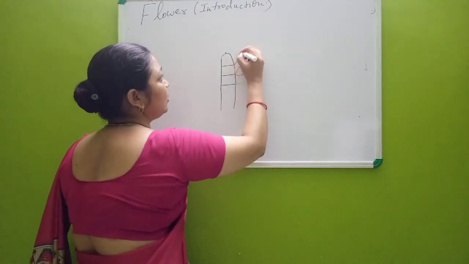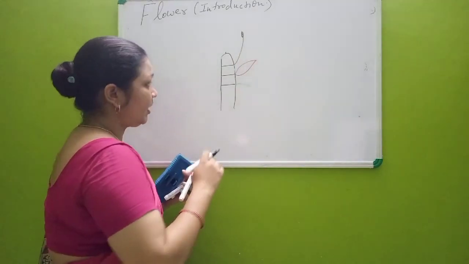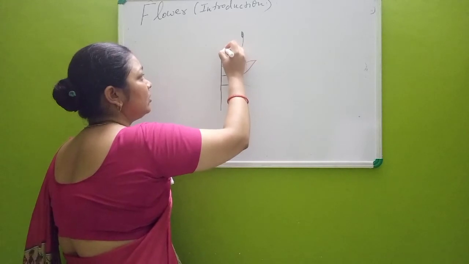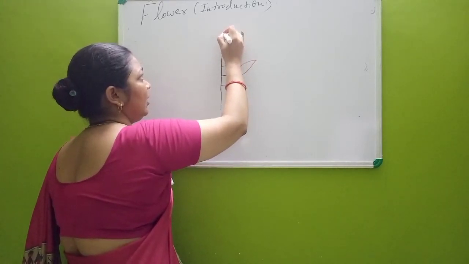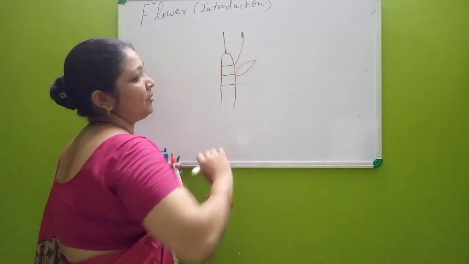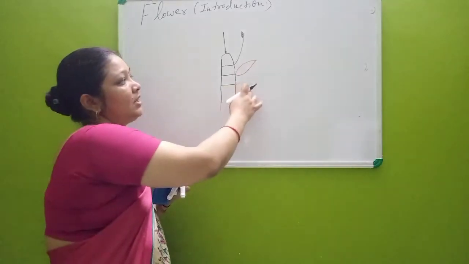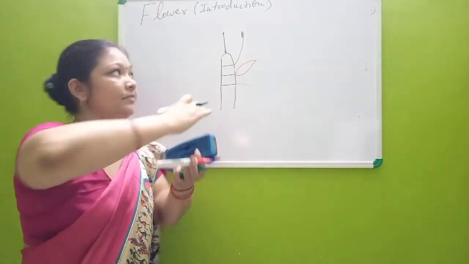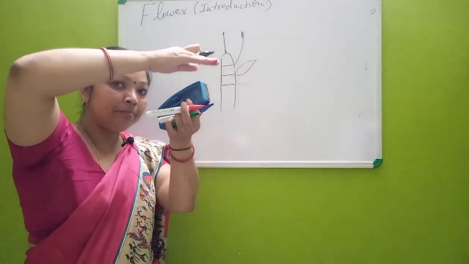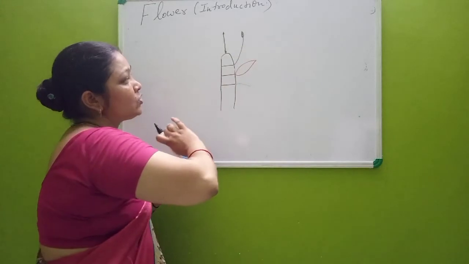From this node, a filament with anther arises, and from the middle node, the swollen structure, style and stigma arise. Now the whole flower is there, sepal, petal, stamen and pistil, and now you compress it from the top so they become together. That is what happened.